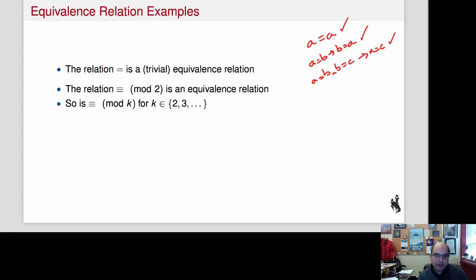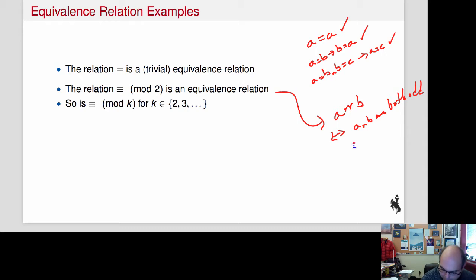How about equal mod 2? What this means is that A is equivalent to B if A is equal to B modulo 2. This is just a fancy way of saying that A and B are both odd, in which case they have the same remainder modulo 2, namely 1, or A and B are both even, and they have the same remainder, which is 0.